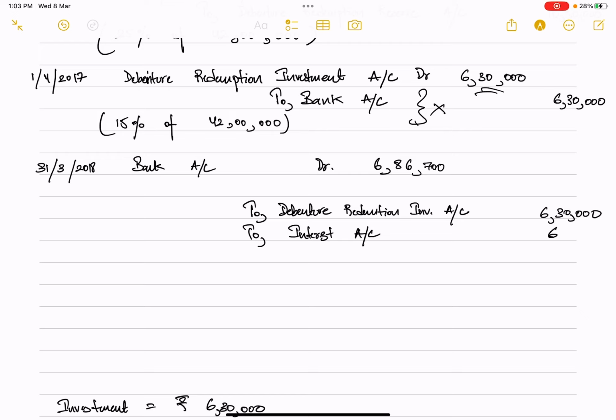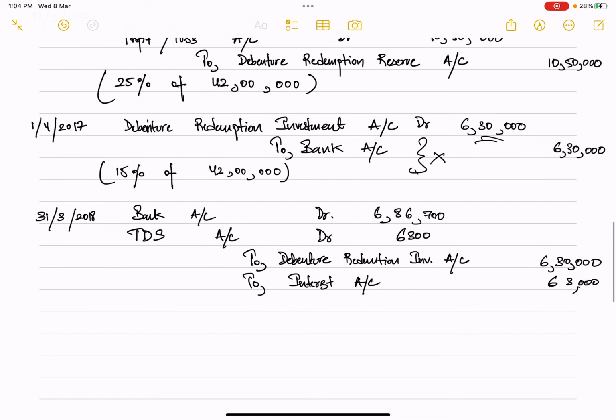How much was the interest? We had earned an interest of 63,000 rupees, and deduction of taxes was also there, TDS. So tax deducted at source account, TDS account, will also be debited by 6,300 rupees. So this is how you will show the records of closing your investment.